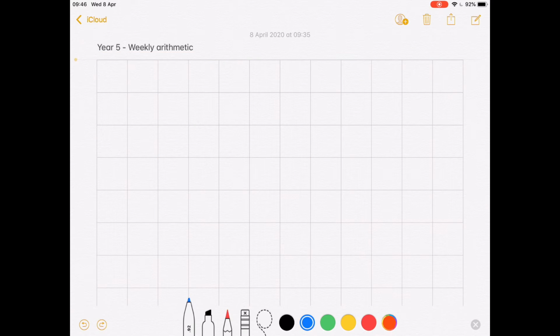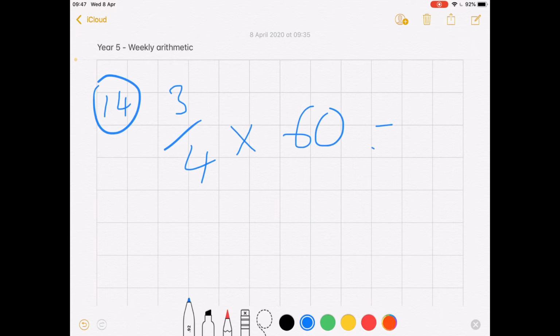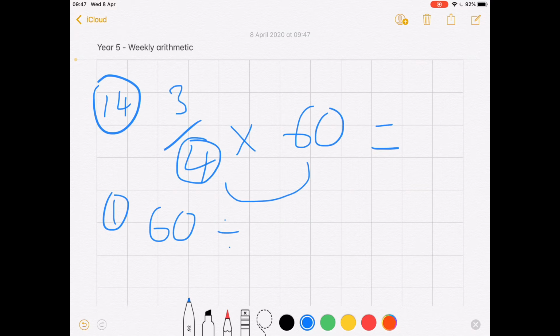So the next question that we're going to look at is a fraction question, which is question number 14, and it asks you to find 3/4 of 60. So there's a 2-step formula for this. The first step, we need to look at 60 and you divide it by the denominator.